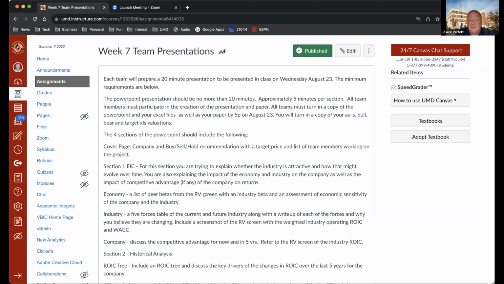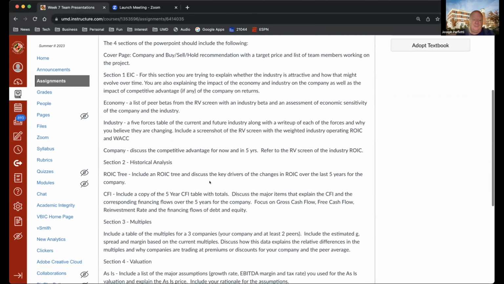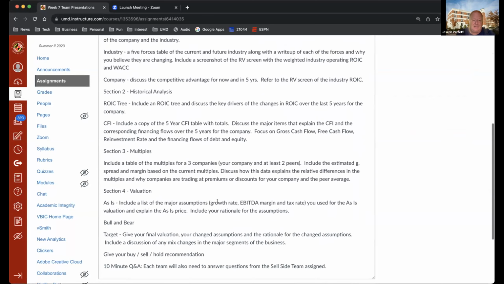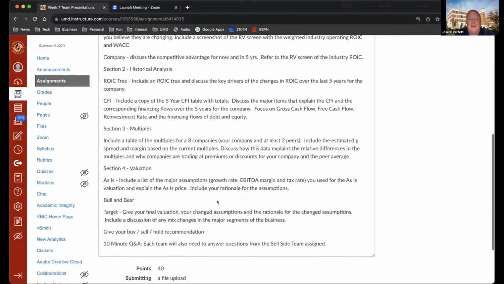And then the final section will be down here, where you'll be talking about the multiples. Okay. And again, I'm going to give you data on 2 other companies besides your own. So I put it in the wrong place a few minutes ago, but I was starting to grab some of the data tonight.